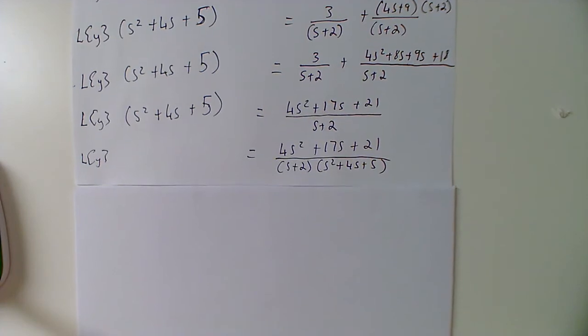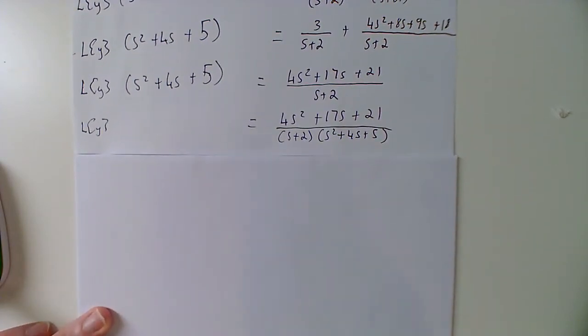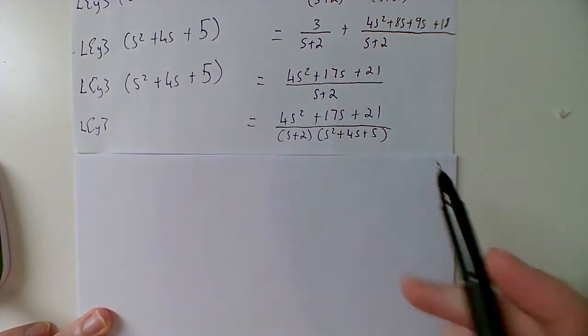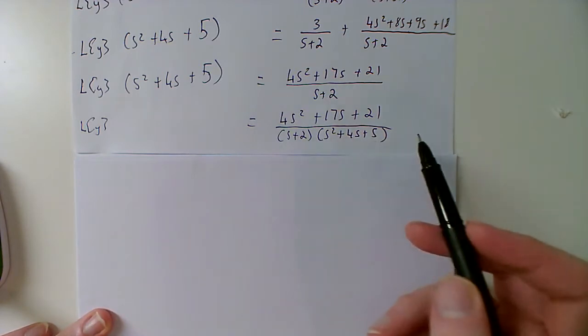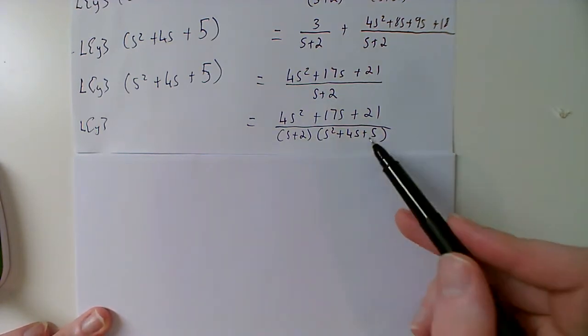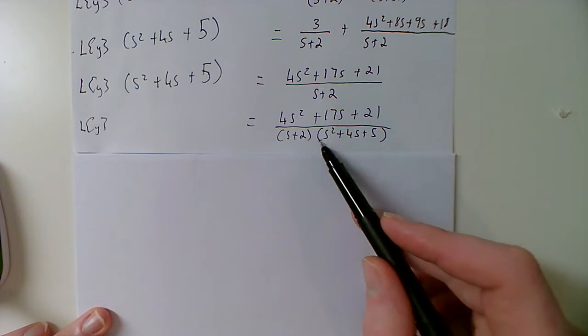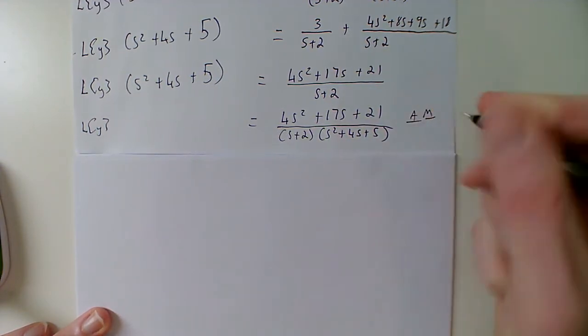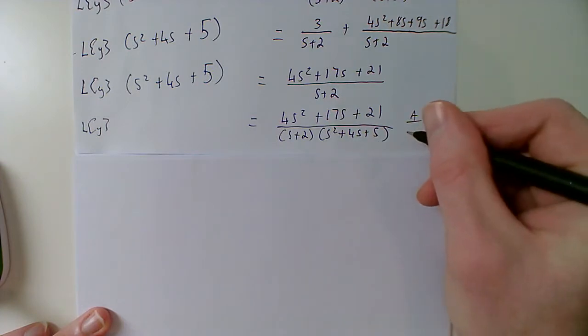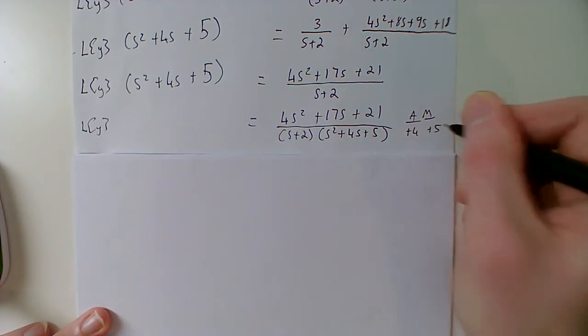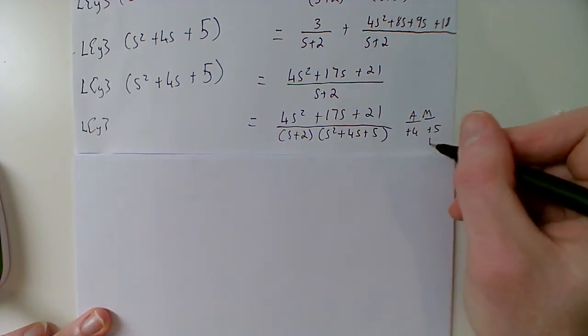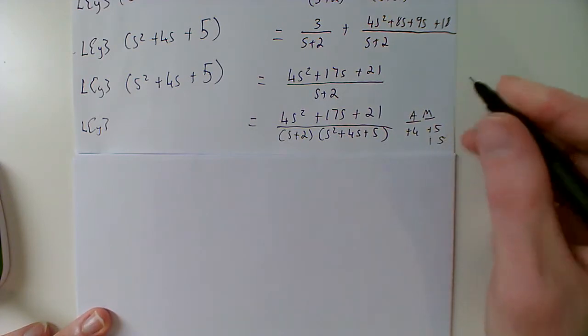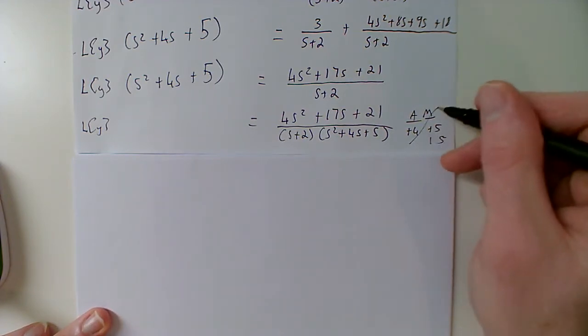Now, what I need to do is do partial fractions because you've got two terms on the bottom. But before I do partial fractions, I need to check and see if I can factorise that. Okay? So I'll look at it. That's a quadratic term. Can I factorise it? Plus 4, plus 5, 1 and 5, or negative 1 and negative 5. No, there's no way of making 4.